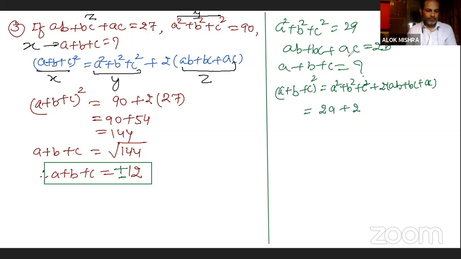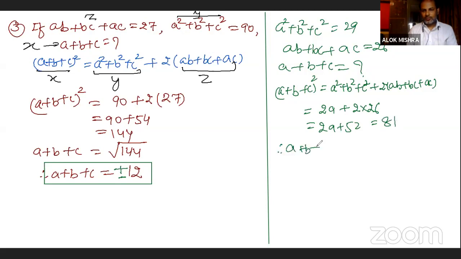The value given is 26. So it's 2 into 26. So it's 29 plus 52, which is equal to 81.